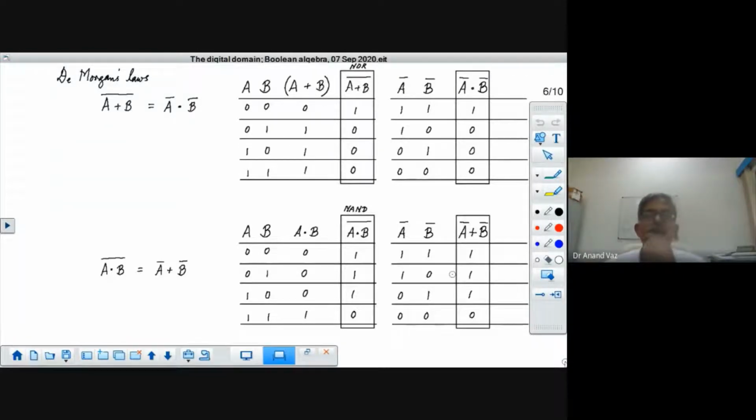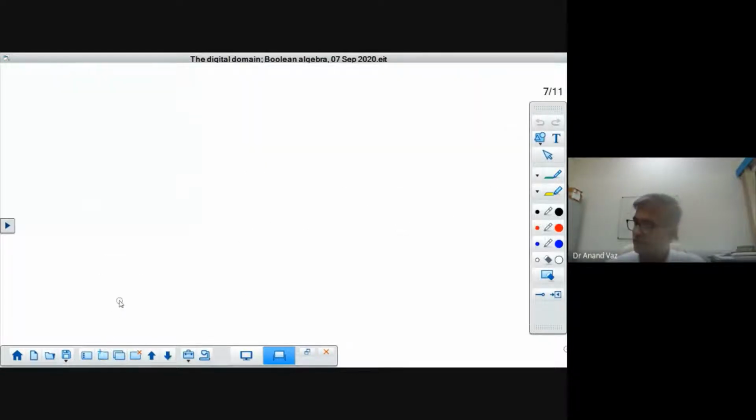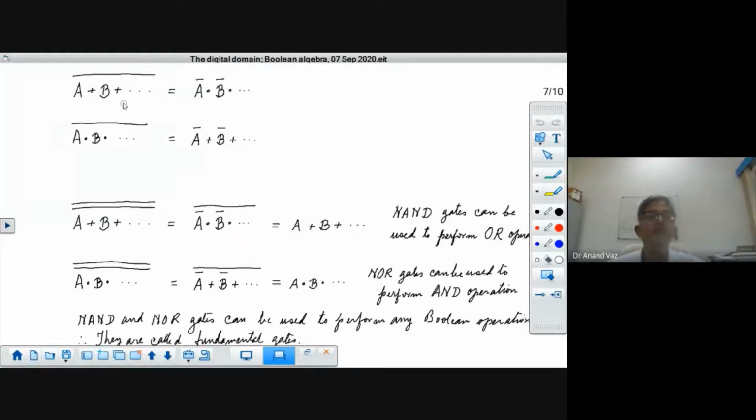These laws, you can extend them to more inputs as well. So you may have several inputs A, B, C, and so on.